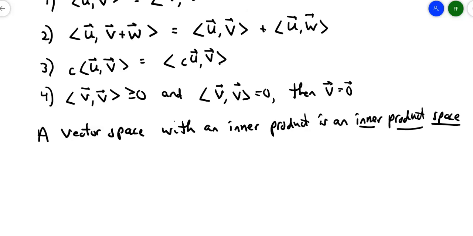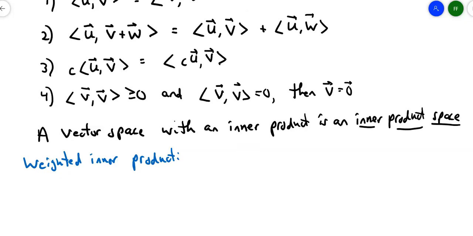By the way, you can have what they call weighted inner products. Think of this as trying to find, let's say, a test average or an average for a class where the tests are weighted differently than the homework, which is weighted differently than discussion boards or something like that.